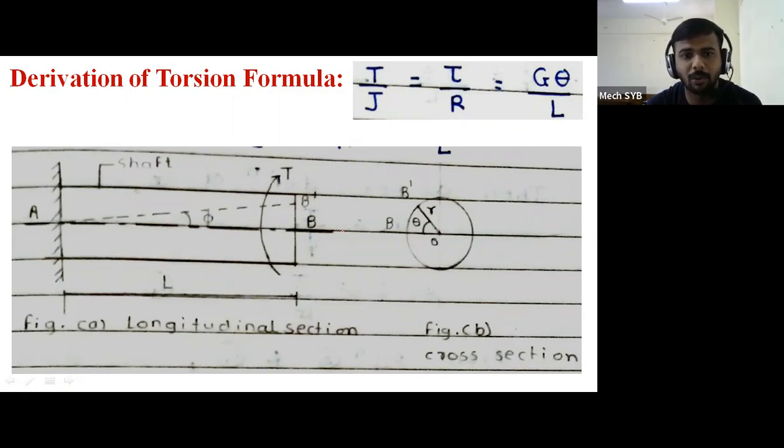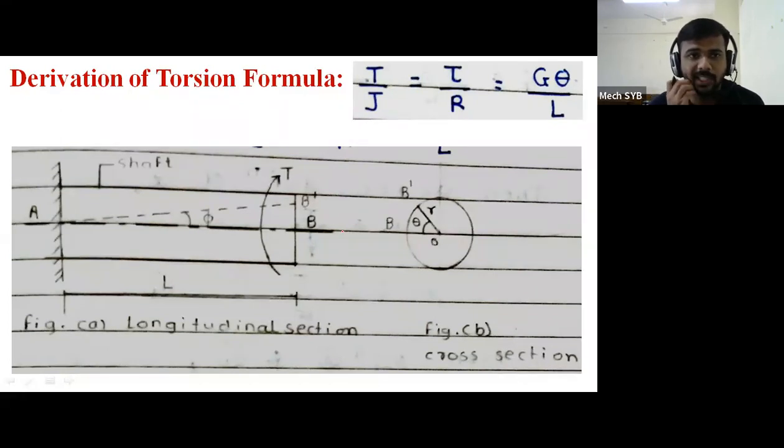If it satisfies all those conditions, then we are able to calculate the unknown parameters, because sometimes we have to calculate the theta value, the shear stress, the shear strain, the torque, the diameter of the shaft. In order to calculate all those parameters, what is the first requirement? The shaft has to satisfy all the assumptions. In total, 6 assumptions we discussed in the previous lecture.